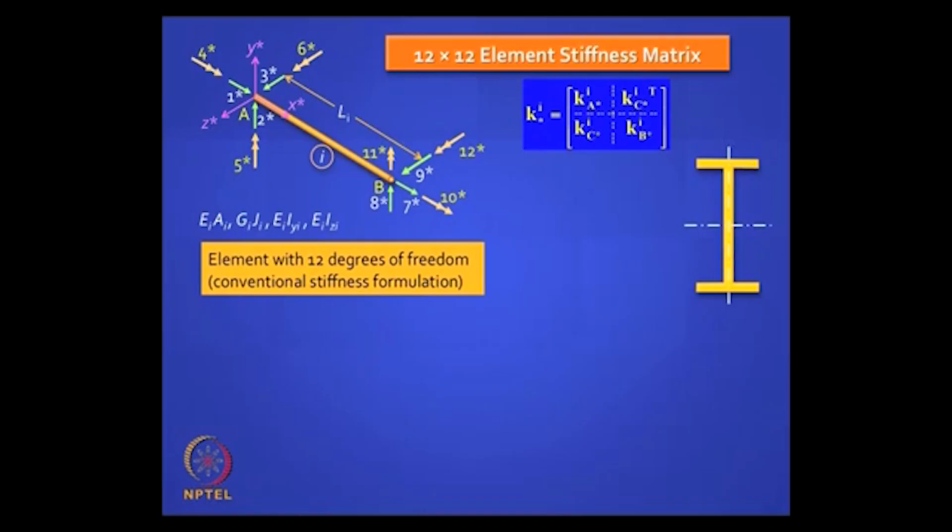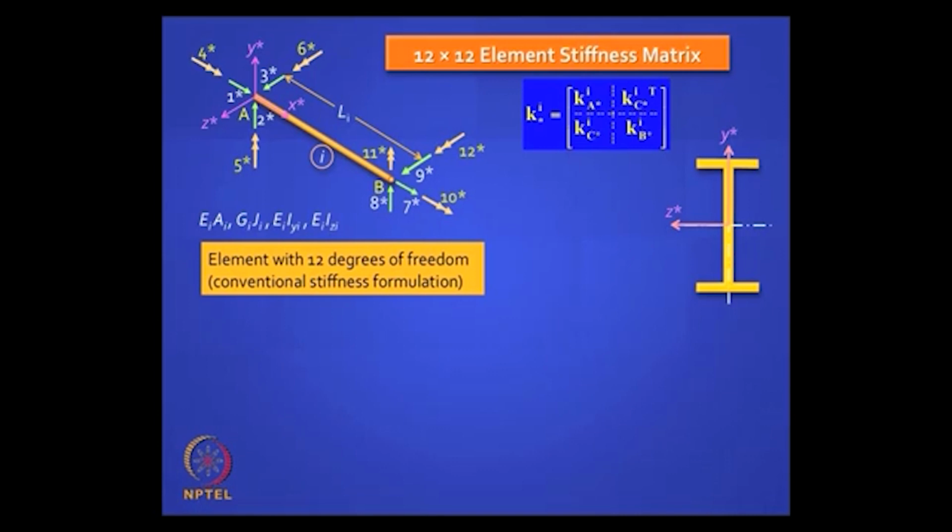It is a nice space frame element section to look at. If you look at it from the right side, y star is pointing upward, x star is along the longitudinal axis which goes through the center of the web, out of the plane, and z star is pointing to the left if you are looking from the right.